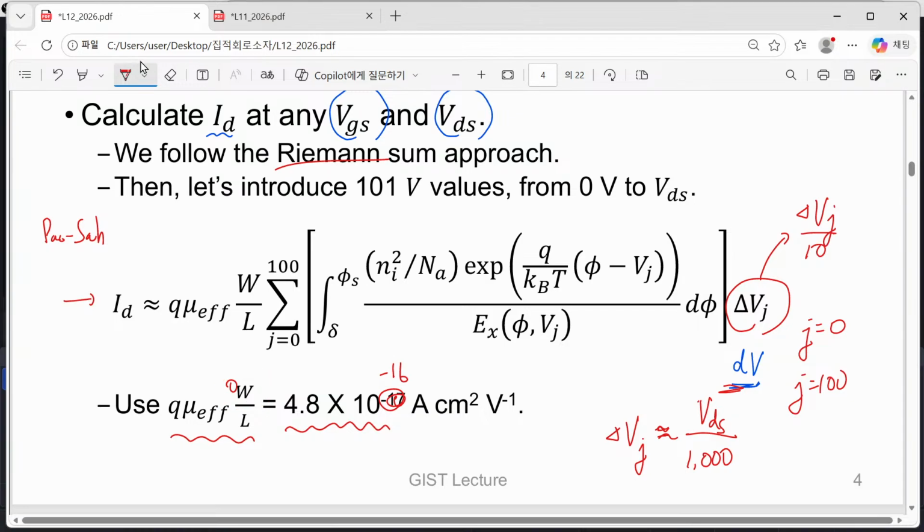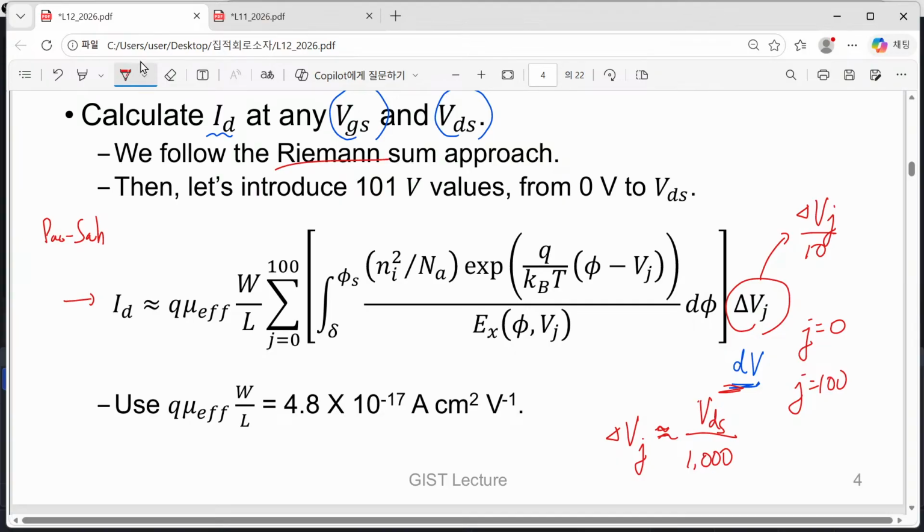If you say I will use a 10 times narrower device, then you can just say 10 to the minus 18. So this value itself is not a special value. Just use your own value.